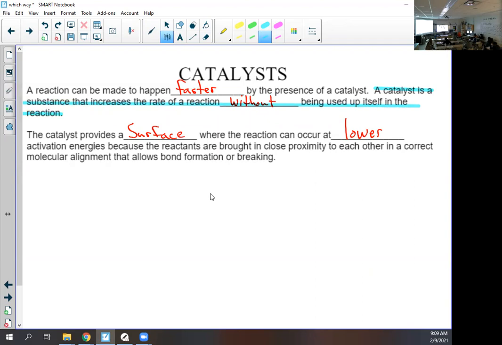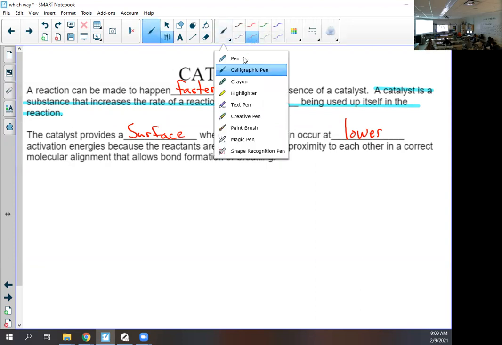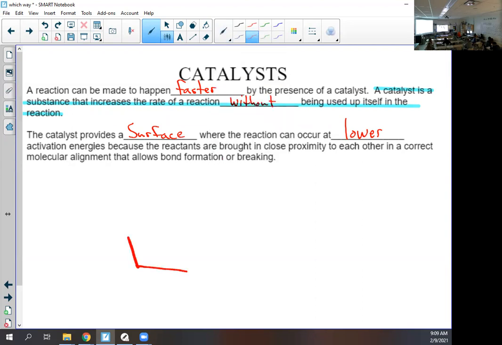All right. Now, my example of a catalyst isn't really a catalyst, but it works good enough if you'll just go with me here. When I eat cereal, I pour it into a bowl. Whatever cereal you like, that's what I'm drawing. I pour it into the bowl, I put some milk in, and then I use this device called a spoon.